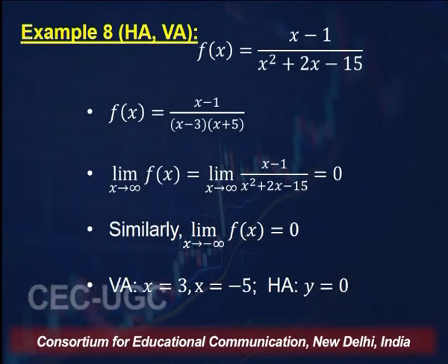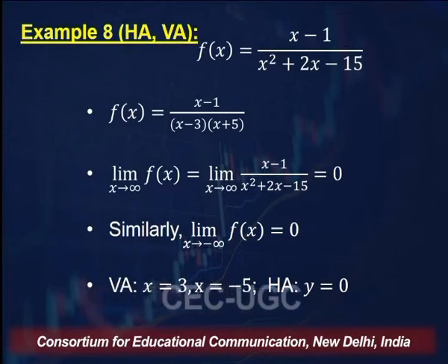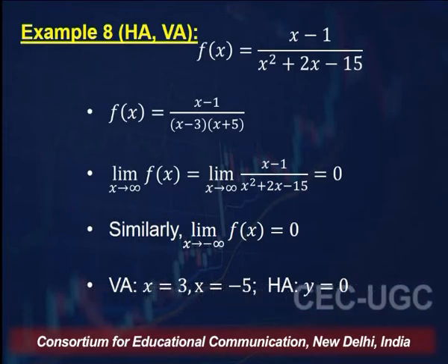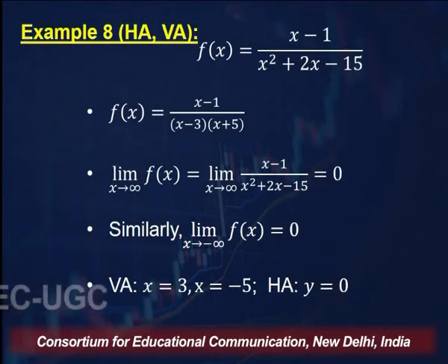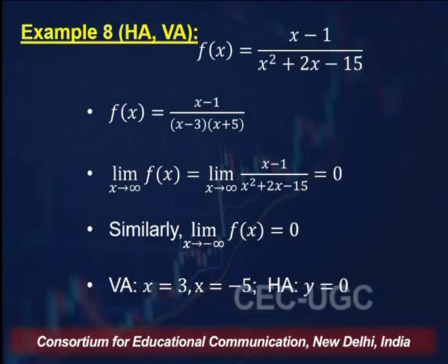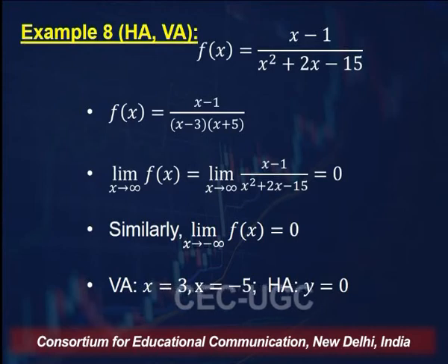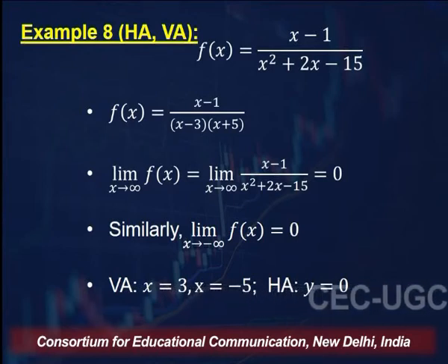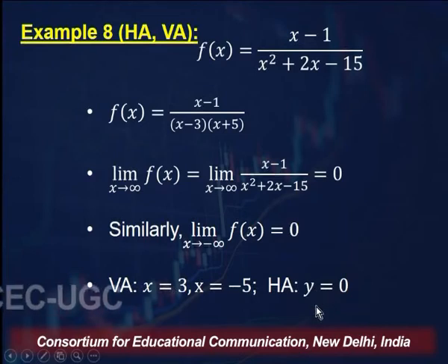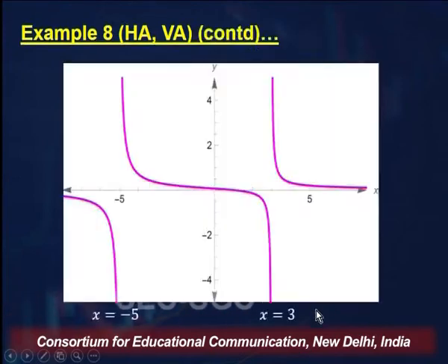You can either do the limit calculation the way you always do, or you can just look for these dominating terms and see how the function will behave. The function behaves like 1 by x, and so as x tends to infinity or minus infinity, the function will tend to 0.